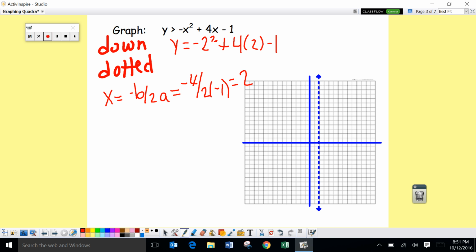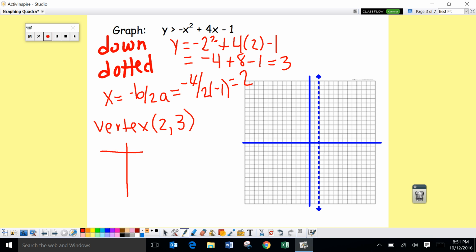Remember, you're going to square the 2 first, which is 4, and then we have a negative on the outside of that. So we'll have negative 4 plus 8, which is 4, minus 1 is going to be 3. So our vertex, since we already found our axis of symmetry, and we know the x value of the vertex is 2, and the y value we calculated as 3.